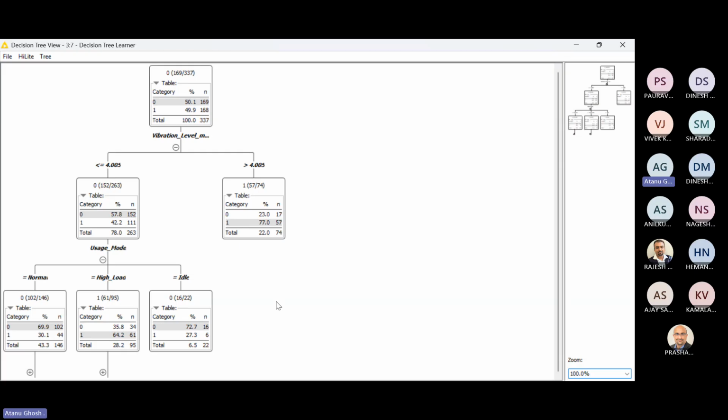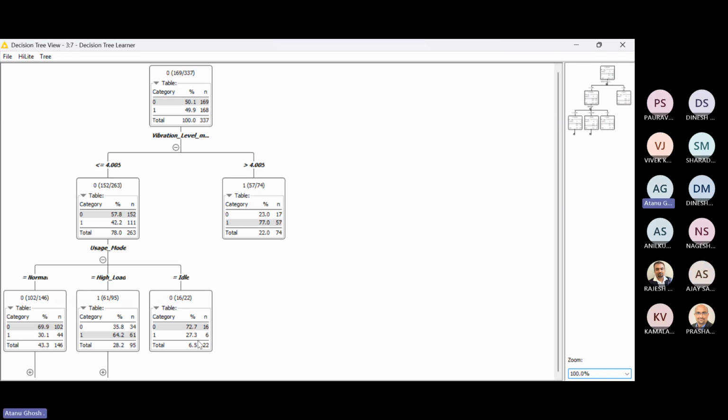And I'm saying that if the vibration level is less than 4.005 and the usage mode is idle, that means the machine has not been used for a long time, then the probability the machine is not going to fail is 72%. Otherwise, it is 27%. Again, you may say that this is not sufficient.